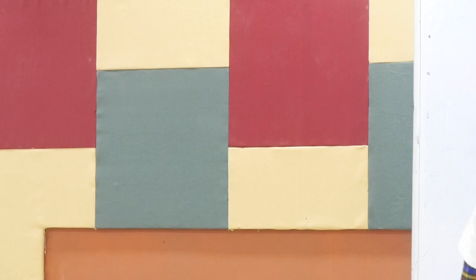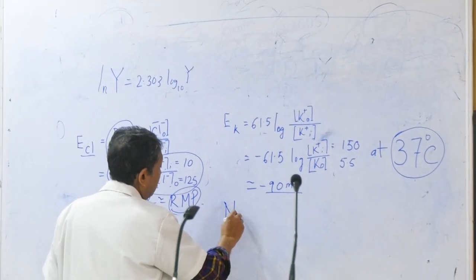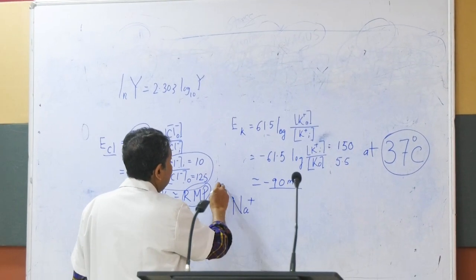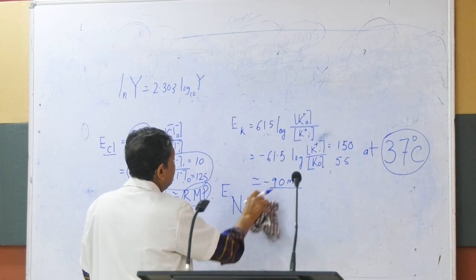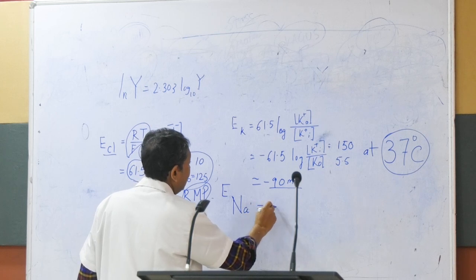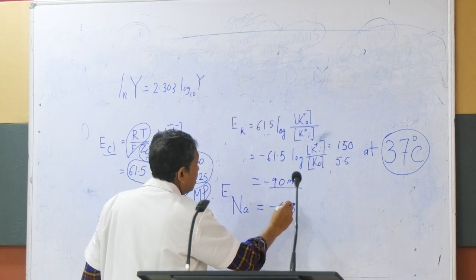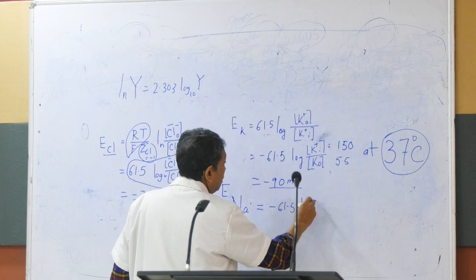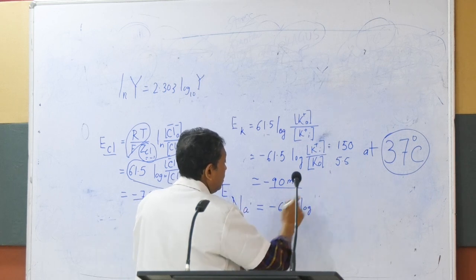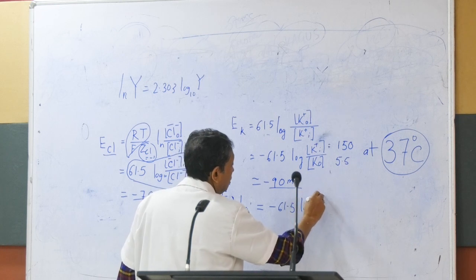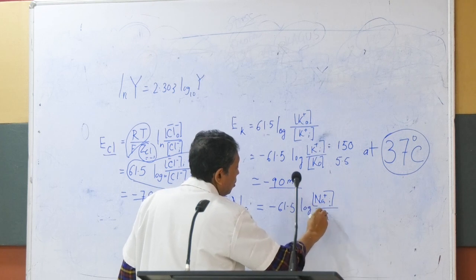Suppose in case of sodium, if you consider the case of sodium, E_Na is equal to minus 61.5 into log of sodium concentration inside minus sodium concentration outside.